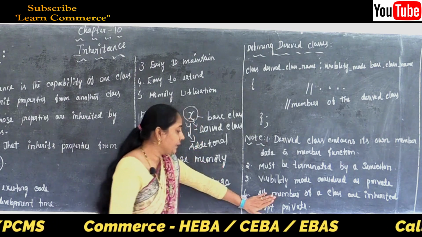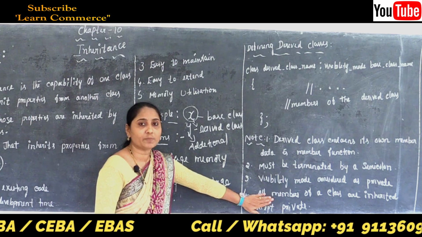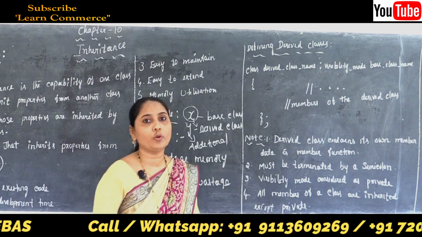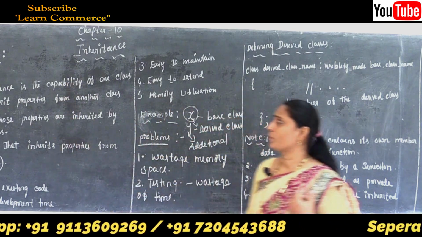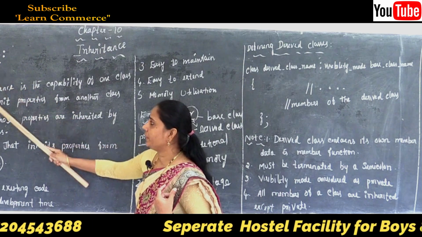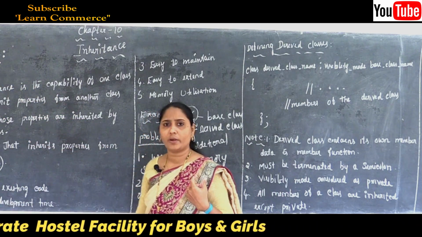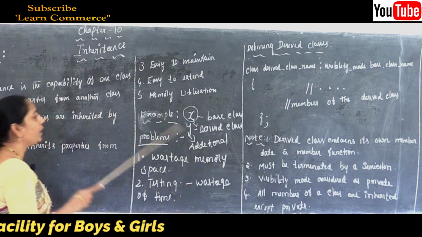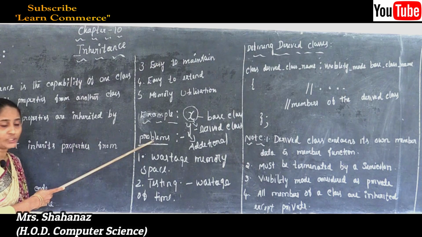So maybe this fourth note will be clear in our visibility mode. Why? Because many things are there about our fourth note point here. So this is some of the concept of inheritance. I already explained the introduction, the definition, the base class, the derived class, some of the advantages of inheritance, and I used one example and what problems are going to be created.